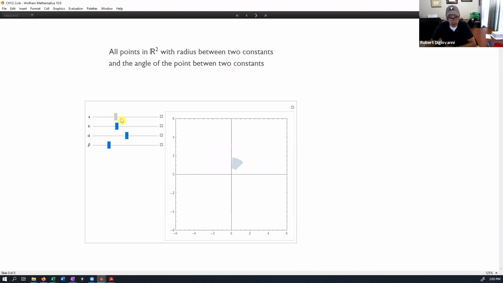So any region that you can think of that has this sort of shape to it would be a polar region. In fact, what about if we go all the way around that, bring A back to 0? There you go. A disk, right? This disk would be a polar region. Here, what would be our restriction on theta?